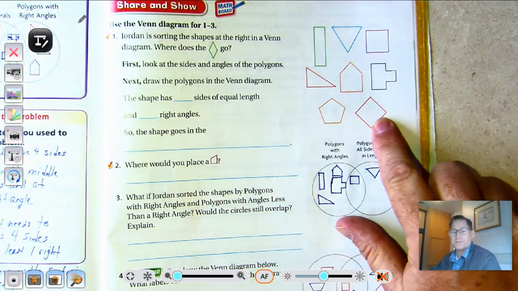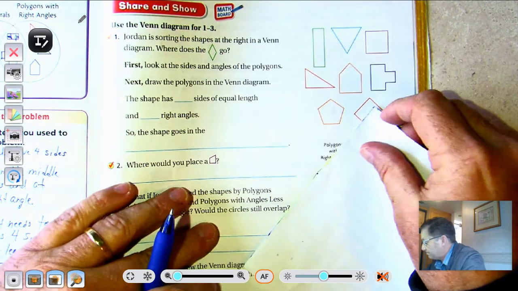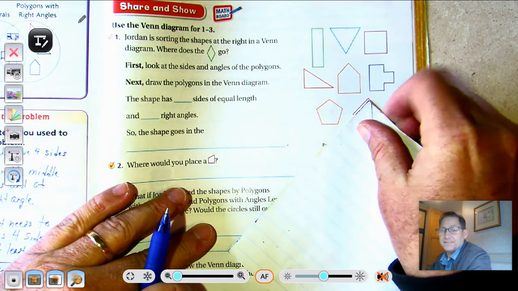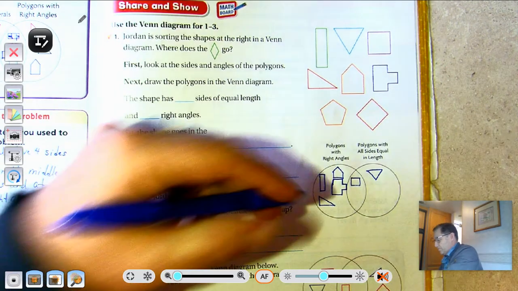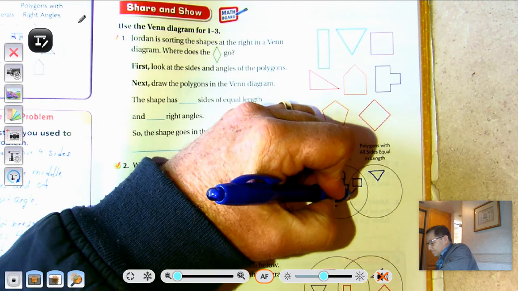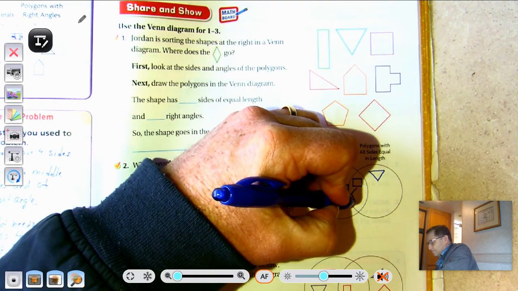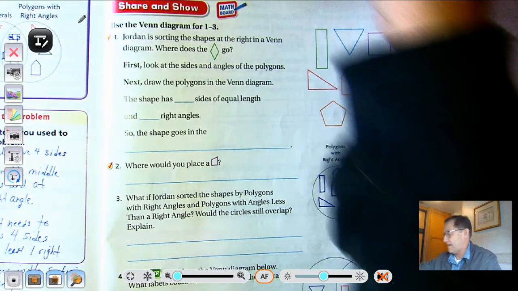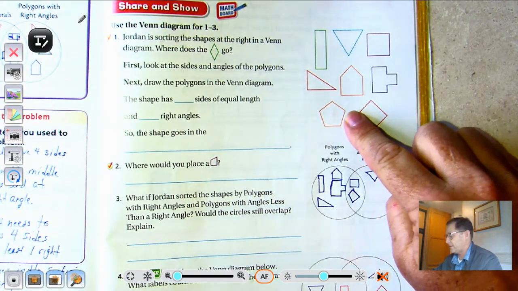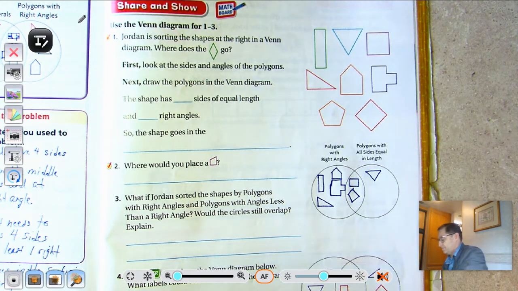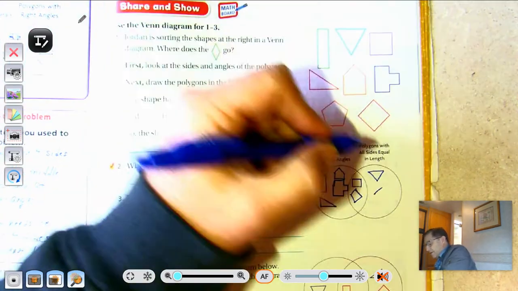Does this rhombus have right angles? It does. Okay, so that would go in the middle. And the last one, all the sides are equal, but it doesn't have any right angles. So I'll put that over here.